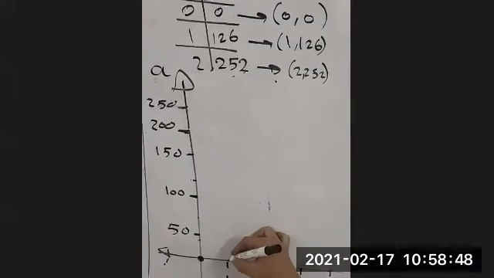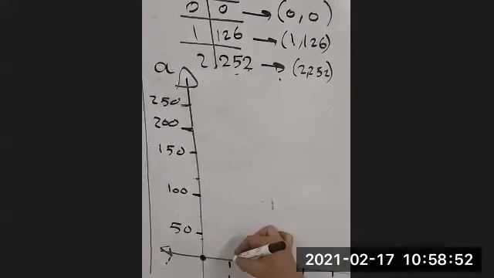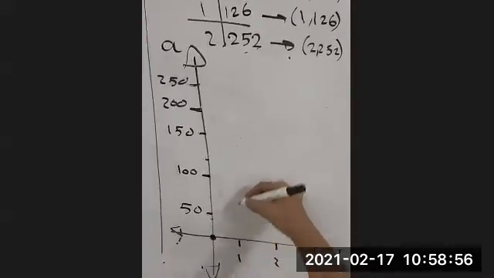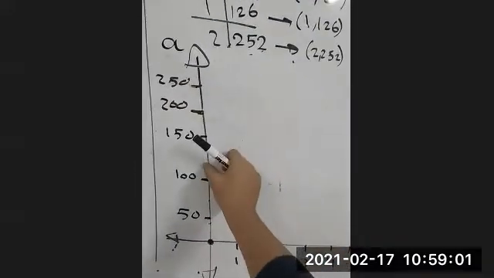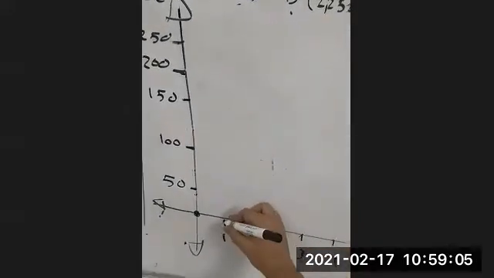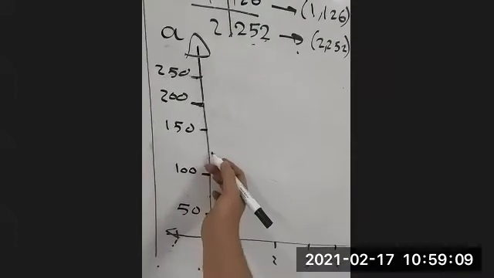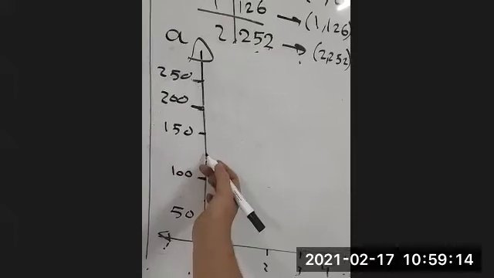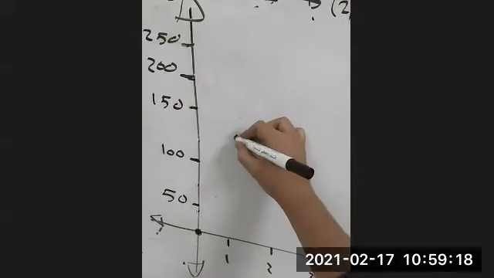And 126 is before the middle of 150. Before 100. Now 126, I will go up until I get 126, between 100 and 150. There is no 126, so we approximate it. Round it to the middle, maybe 125. Yeah, 125. So 1 is kind of here, like this.